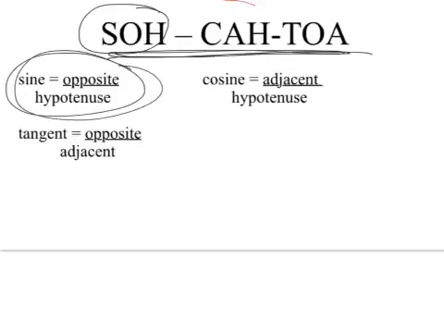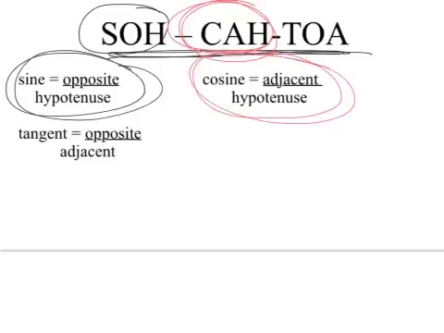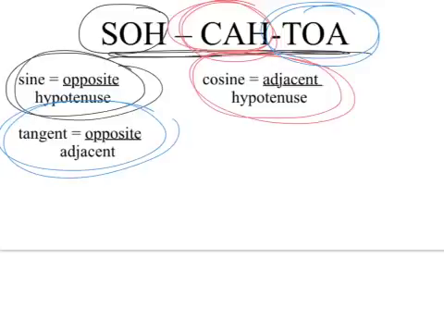For cosine, we're going to look at the A and the H, so we're going to use adjacent over the hypotenuse for our ratio. And for tangent, we're going to use O and A, so the ratio of opposite divided by adjacent. So one more time, this is just an acronym that we're going to use so we know which sides of the triangle to use for the ratio.